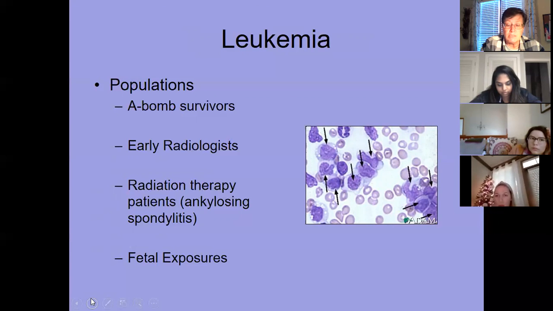We said that fetal exposures in utero can result in leukemia multiple years later. So all of these different populations that have been exposed to radiation have had documented cases of leukemia.